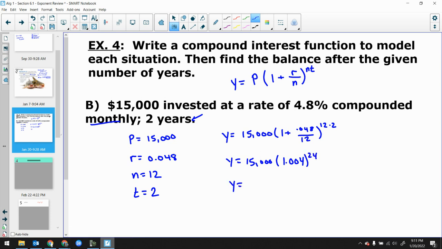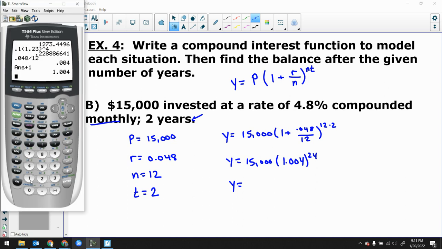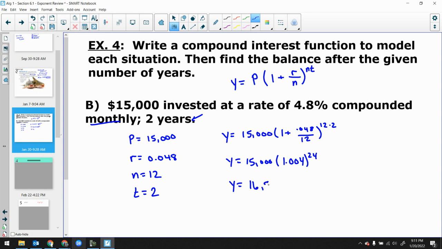So over the course of 2 years, that's going to be 16,000. So it's gaining $1,000. That's pretty good, I would say. It's 16,508.22. Okay, so over the course of the 2 years, with 4.8% interest compounded monthly, 15,000 is going to grow to 16,508.22.